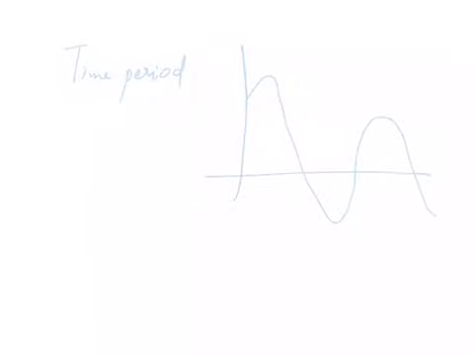One more thing: in the last lecture I also talked about a time period of this curve. You have to understand that this term was composed of two terms: this whole exponential term, then sine of omega d t plus phi. Whenever I was talking about the period, I was referring to the period of this particular term.